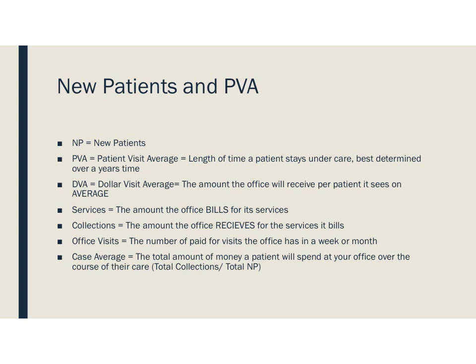Services are how much the office bills. Collections are how much the office brings in. Those two numbers almost always will not be the same unless you're a cash practice. If you're a cash practice, then those numbers will be the same. So for a hybrid or a high insurance-based practice, the numbers can be quite different.